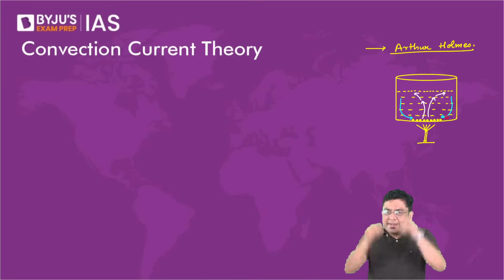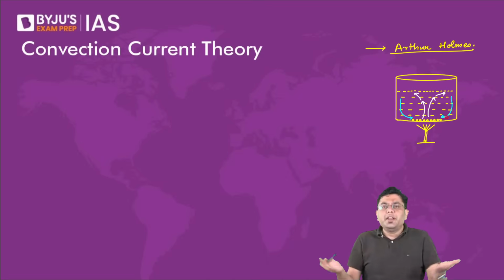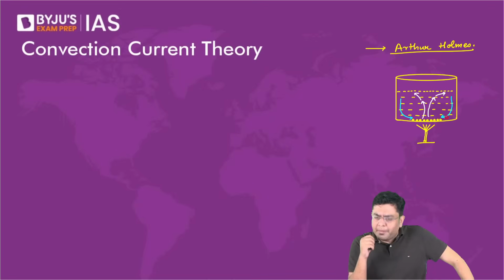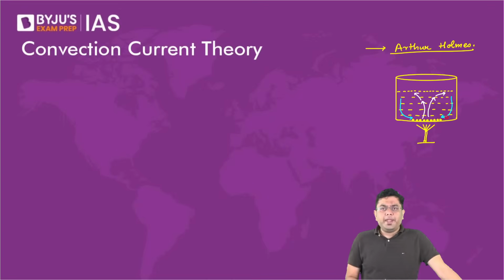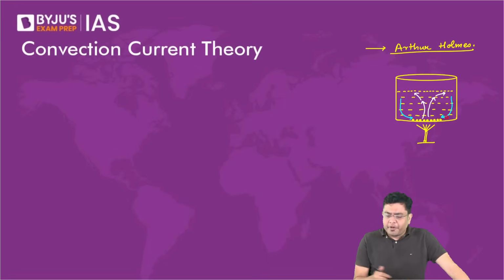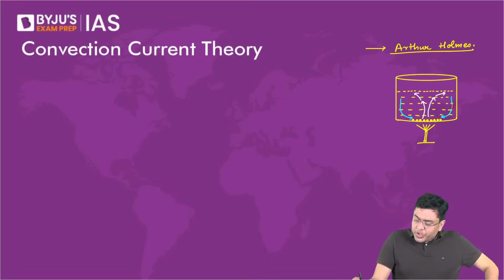Once this is done an immense number of times, that is when you observe a continuous boiling of water on the surface. I'm sure all of you would have observed this. If not, observe it today. So this is what is referred to as a convection current.